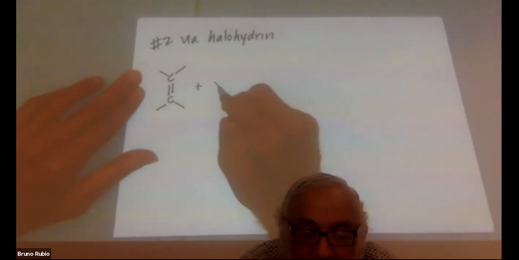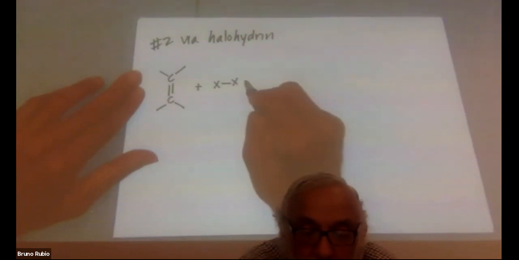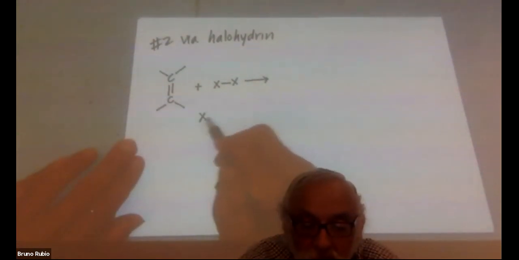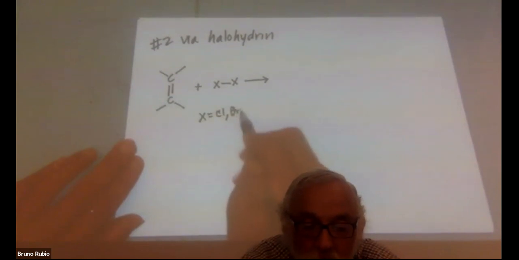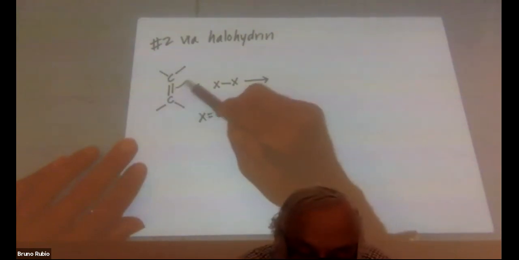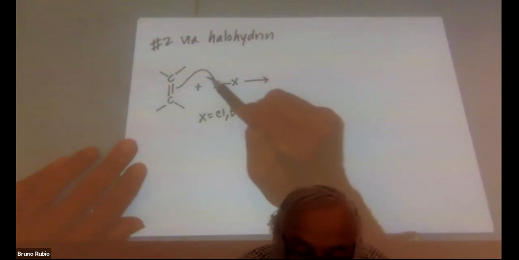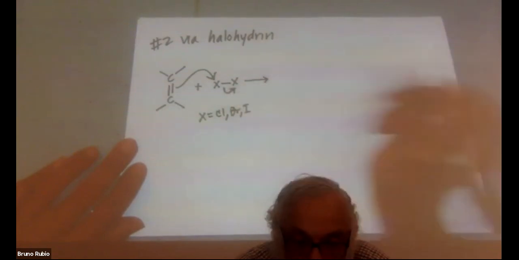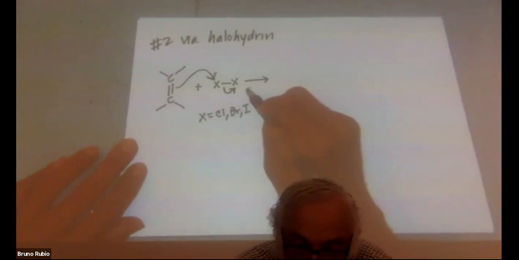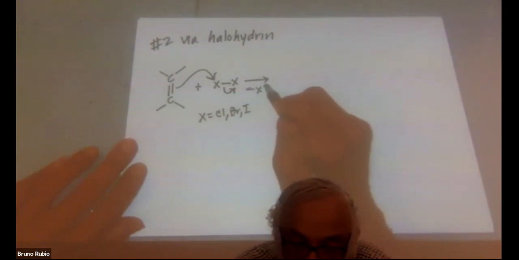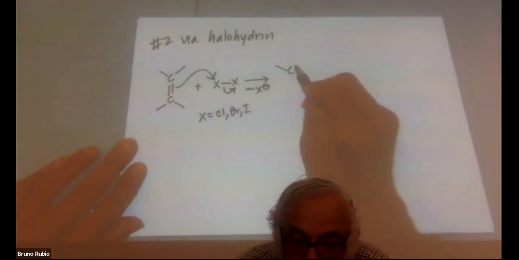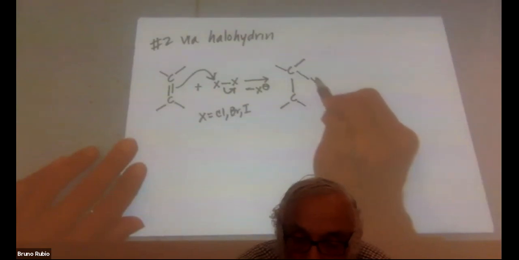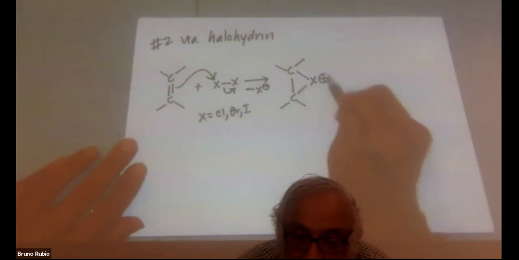So the alkene reacts with X2, and this X could be Cl or Br or I. The double bond is the nucleophile. It attacks the molecular bromine or iodine or chlorine. The bond snaps and we get an intermediate, which is called a cyclic halonium.